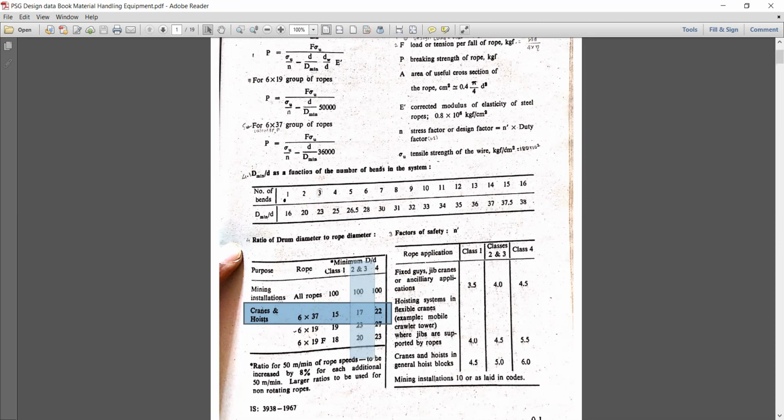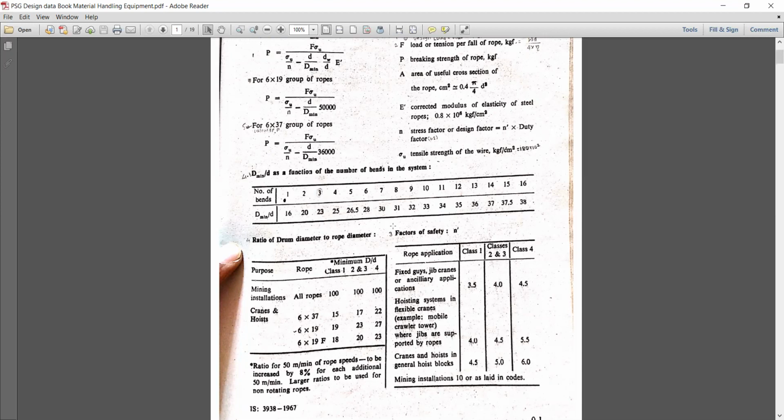Out of that I am selecting 23 as the maximum D by d ratio. The strength will be higher, so I am choosing the higher value of both of them. Now the value of sigma u is 18,000 kg per centimeter square.